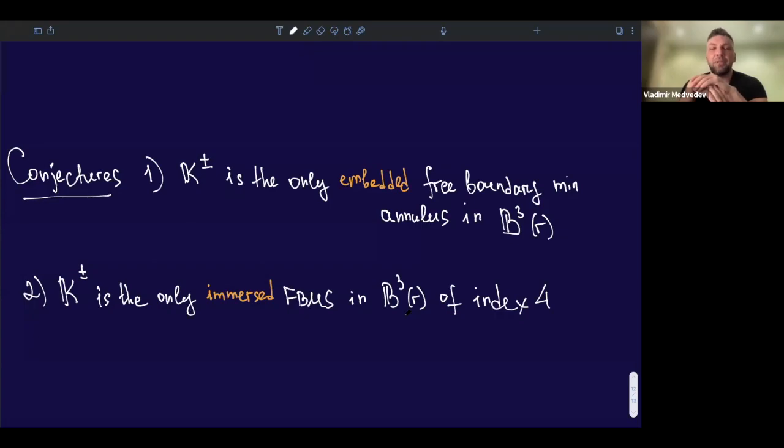So we can suppose that these critical catenoids are the only embedded free boundary minimal annuli in B3, and K is the only immersed free boundary minimal submanifold in B3 of index 4. The similar conjectures are known as Fraser-Lee conjectures, and they are not proved yet. So I'm going to stop here. Thank you for your attention. If you have questions, please feel free to ask them.